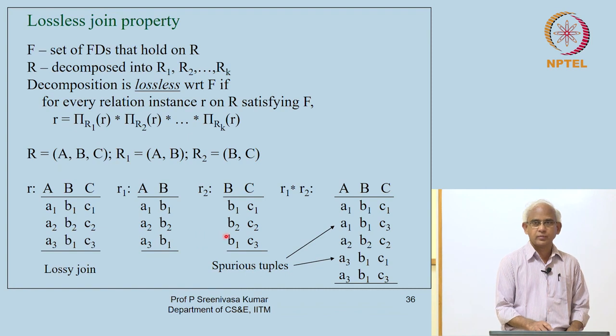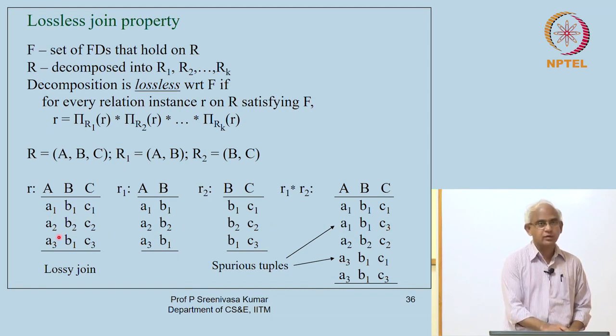Now, do a join here. So, A1, B1 joins with B1, C1 and you will get A1, B1, C1, one of the original tuples. But unfortunately, A1, B1 also joins with B1, C3 and then you will get A1, B1, C3, which is actually not there in the original data.